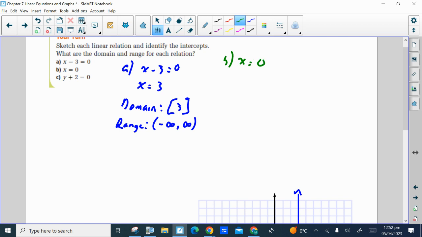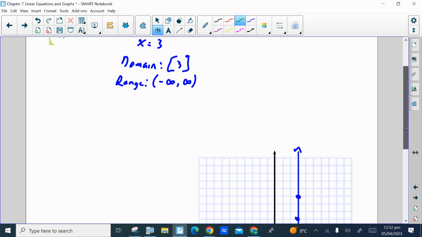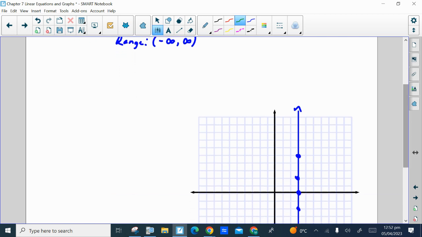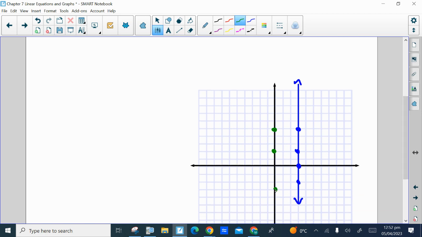Equation B just says x is 0. This is actually the equation of the y-axis. When y is 2, x is still 0. When y is 5, doesn't matter, x is 0. When y is negative 3, x is 0.